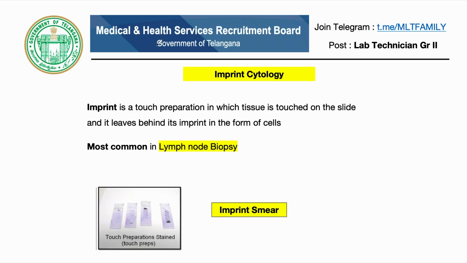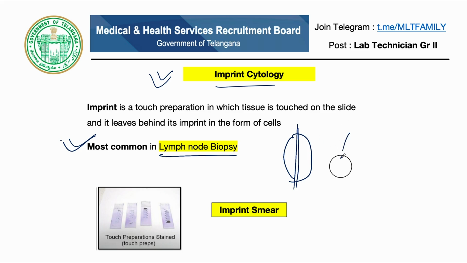Okay, there is certain other kind of sampling or smearing technique called imprint cytology. We mostly do it in lymph node biopsy. There is a lymph node, any kind of lymph node, we cut it in half and we just paste it over a slide. We just touch it, imprint.